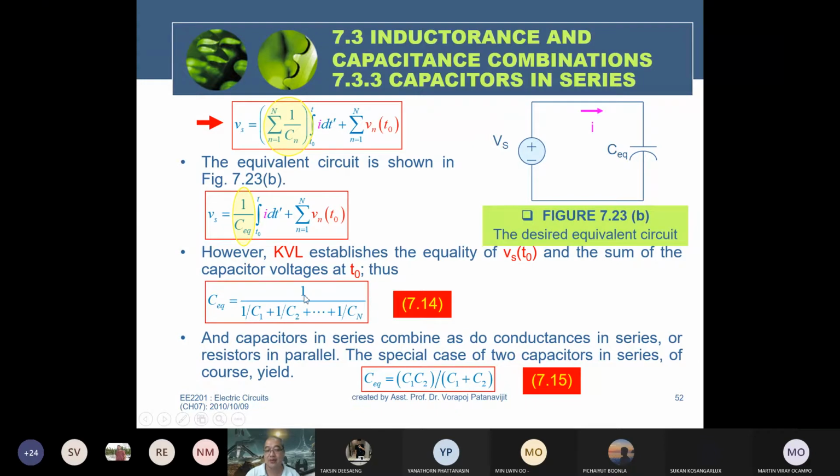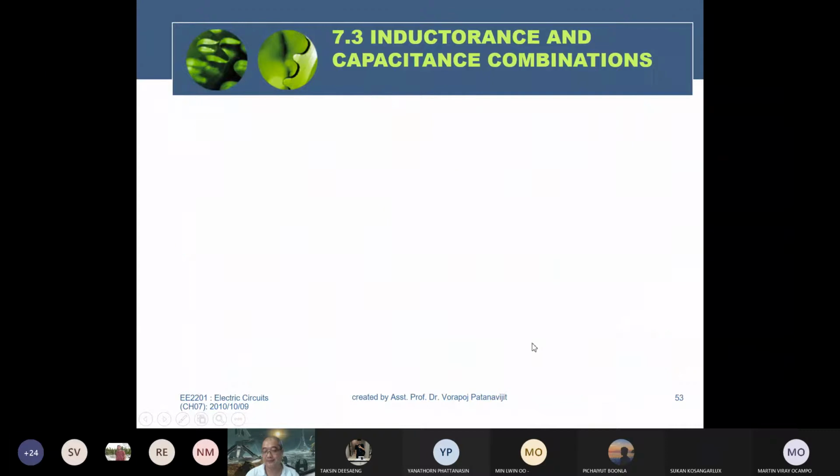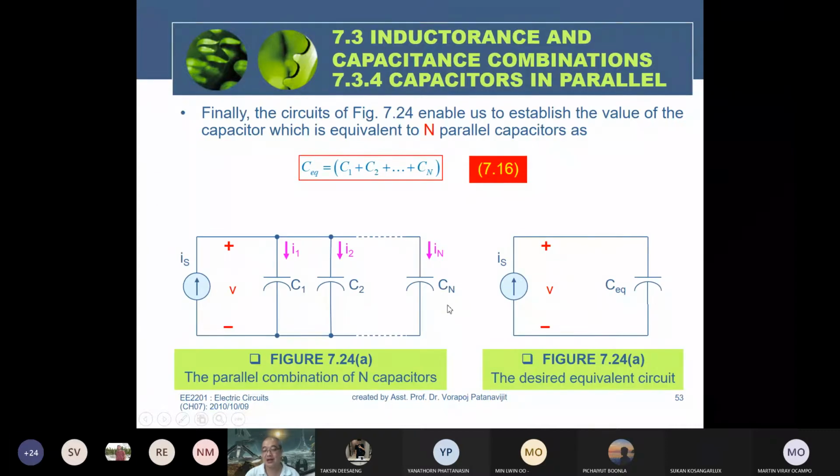For capacitors connected in parallel, they are combined like resistors in series. It is reversed. You can see that resistor and inductor are the same, and the capacitor is reversed.